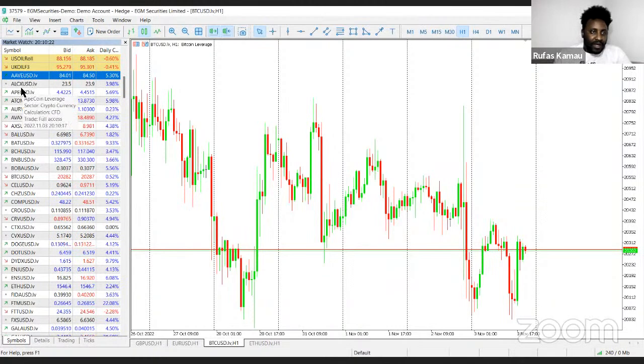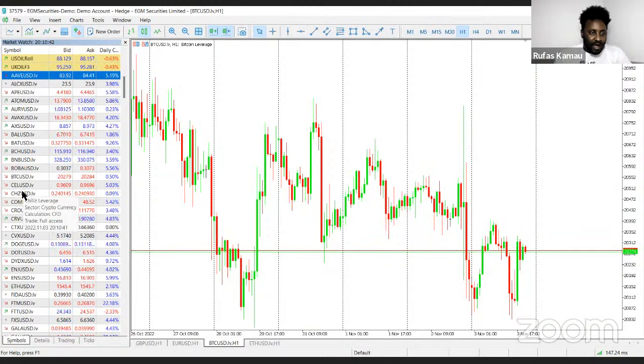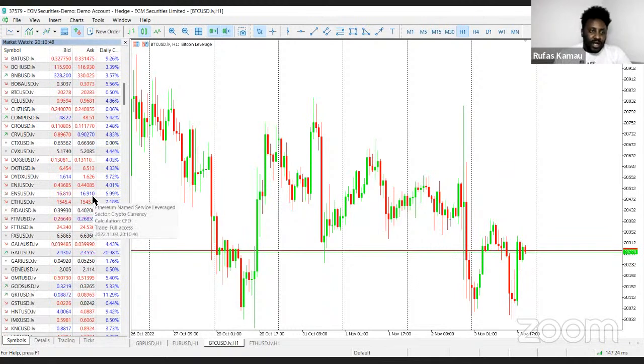We have Alchemix, we have ApeCoin, this is Atom, this is Aurora, this is Avalanche, this is Axie Infinity, this is Balancer, this is Basic Attention Token, this is Bitcoin Cash, this is Binance Coin, we have Boba, we have Bitcoin here, we have Celsius, we have Chiliz, we have Compound, among other coins. All these coins are available to trade, and they are all in the form of CFDs.